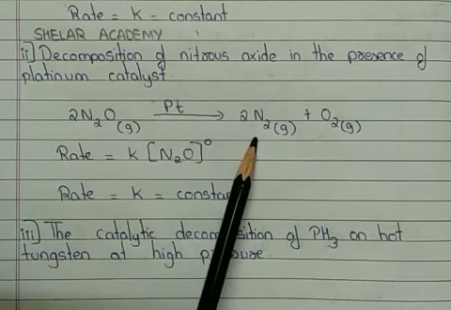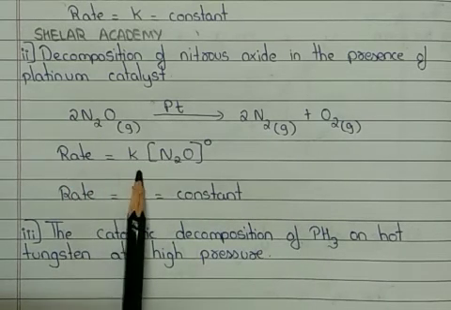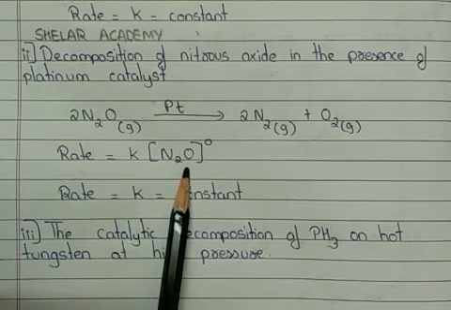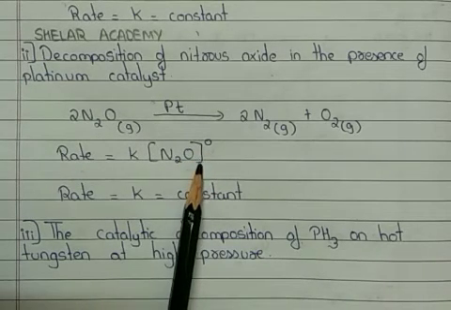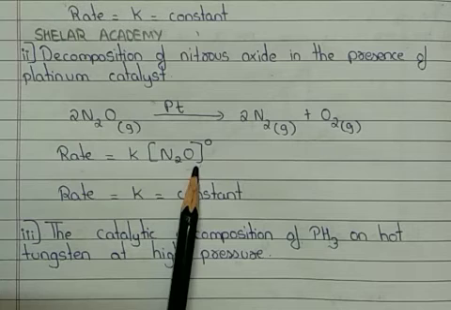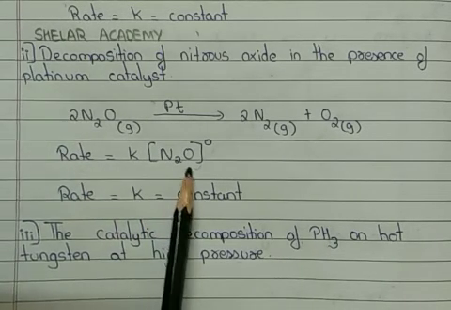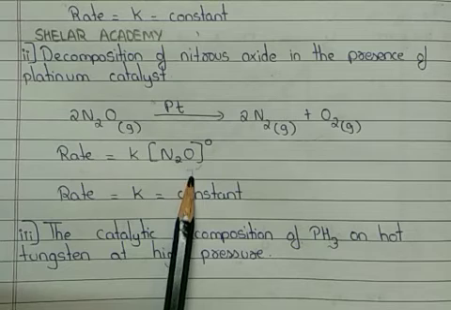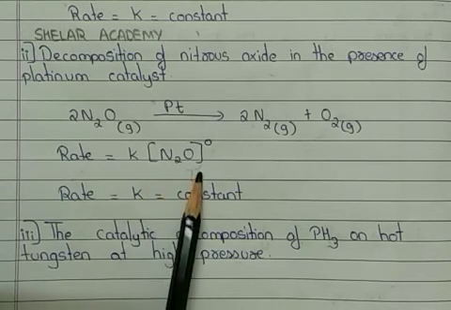For this reaction, the experimentally determined rate law is rate equals K into concentration of N2O raised to the power 0, meaning it is again independent of the concentration of nitrous oxide. So rate equals K, that is constant. As it is independent of the concentration of reactant, this is again an example of zero order reaction.